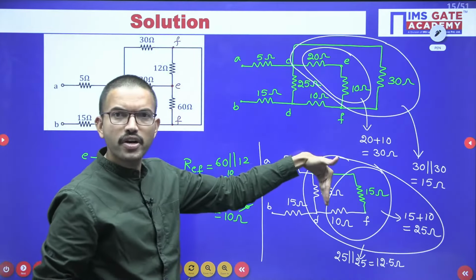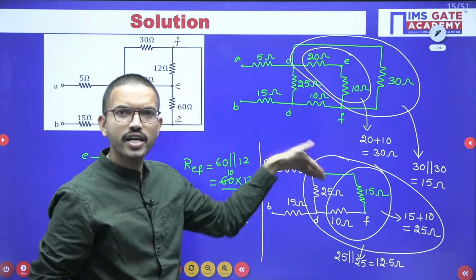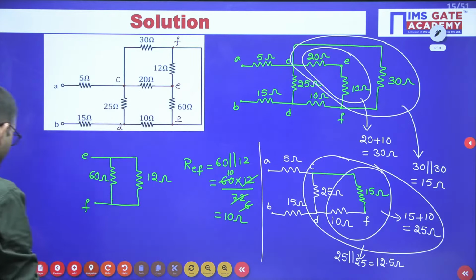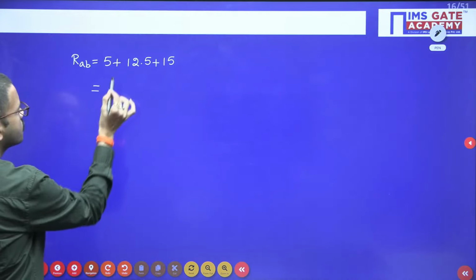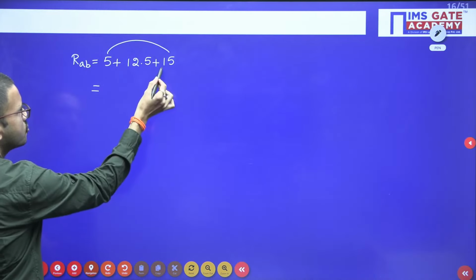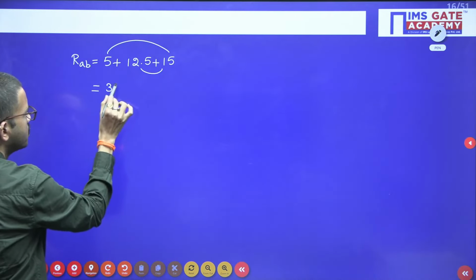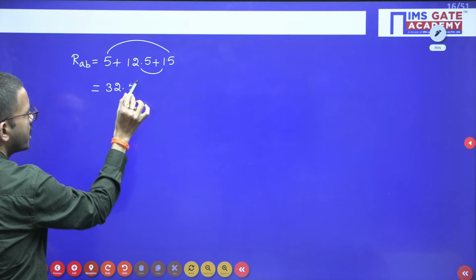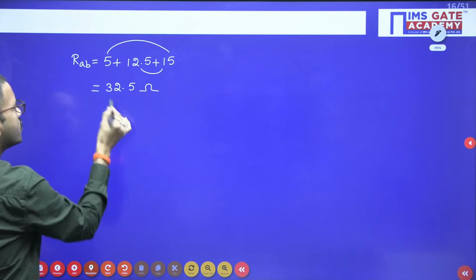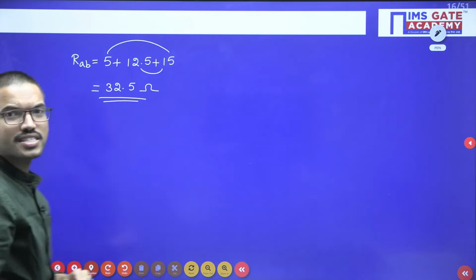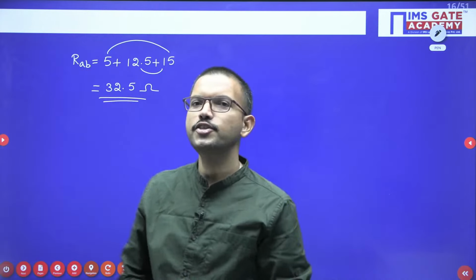Very good Manoj, Ritin. So 5 plus 15 is 20, 20 plus 12.5 is 32.5. So the final equivalent resistance across the terminals A and B is 32.5 ohm.